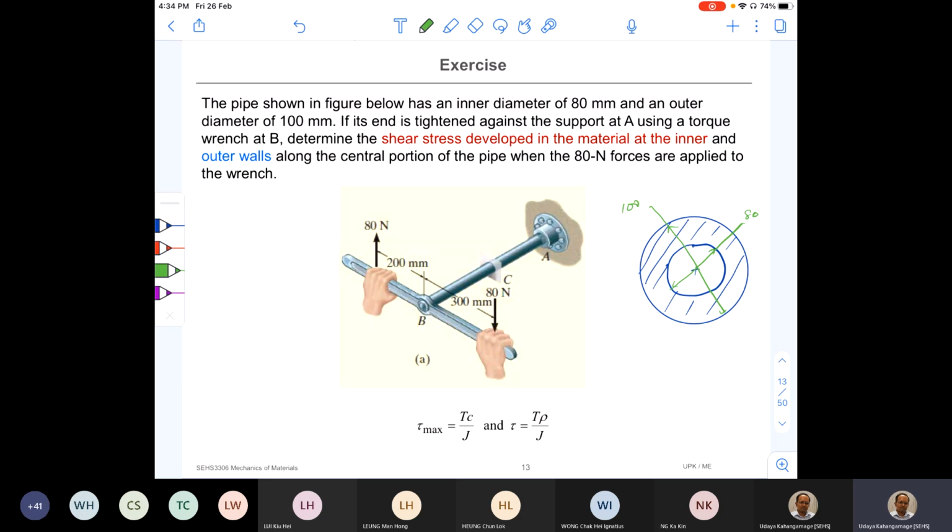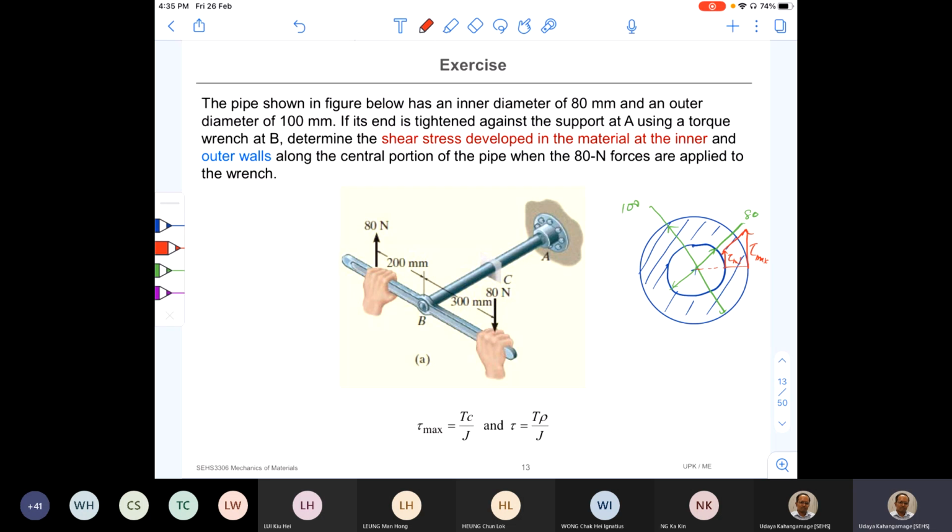Determine the shear stress developed in the material at the inner and outer walls. So we need to find the shear stress distribution, that means the minimum and maximum values, tau min and tau max.